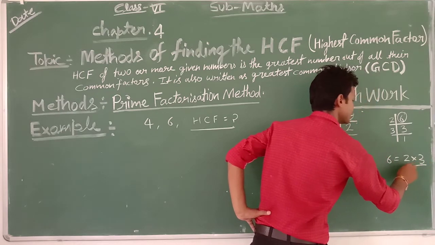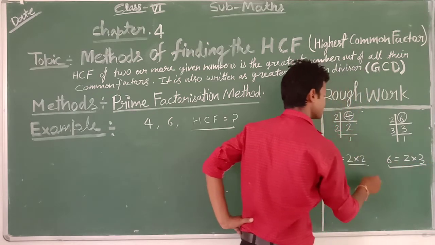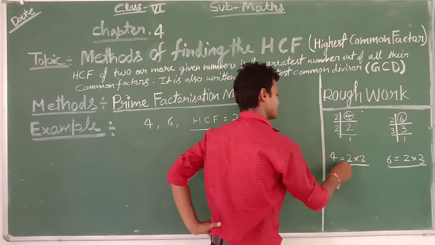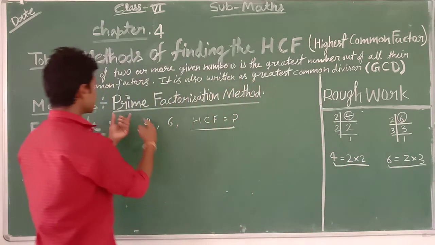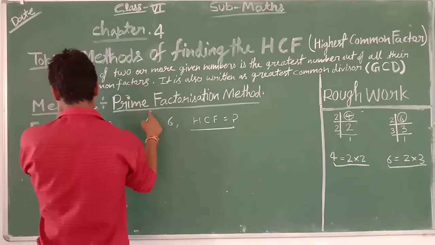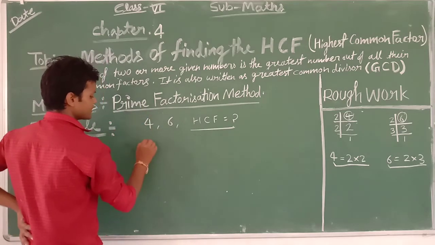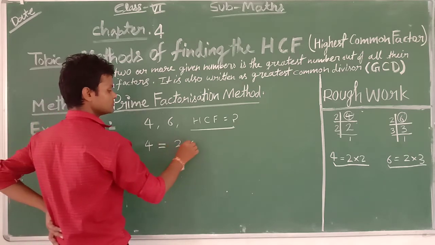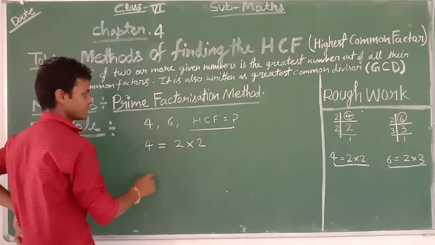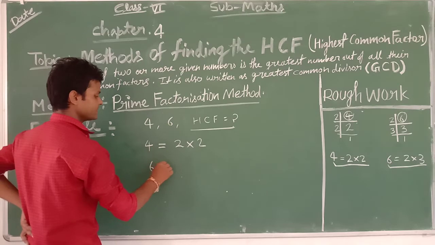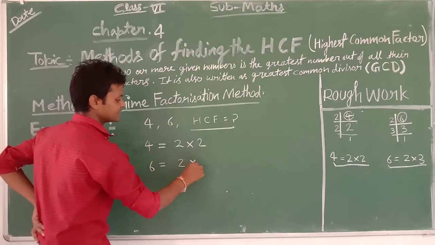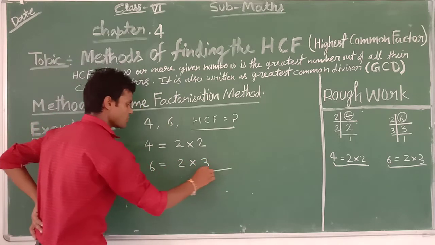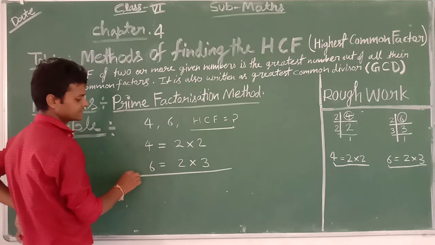You can say the prime factorization of 6 and the prime factorization of 4. You learned prime factorization. Just write here 4 is 2 twos are 4, and 6 is 2 threes, and draw a longer line.